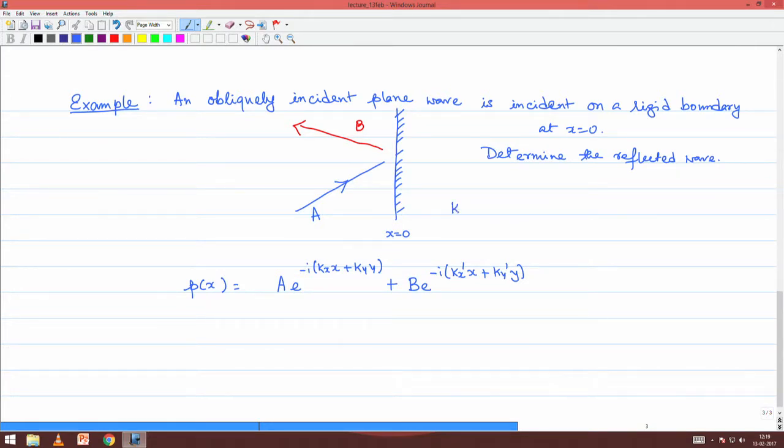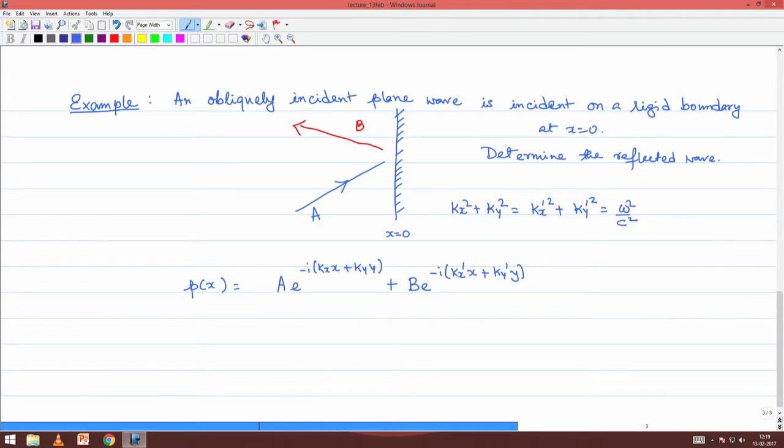So, the relation that we will have to keep in mind is k_x squared plus k_y squared must be equal to k_x prime squared plus k_y prime squared, which is omega squared by c squared. So, the squares of the magnitudes of the two wave number vectors have got to be the same. This is the relation that we have, and the relation for pressure is given by this.